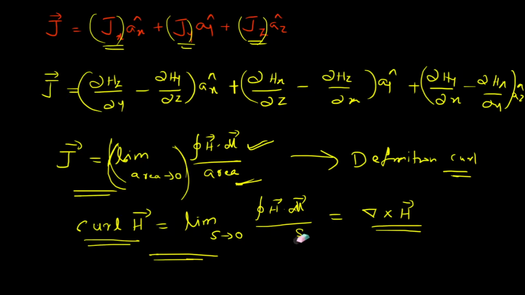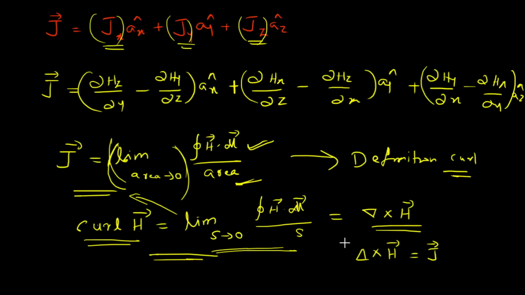So closed line integral of h dot dl by s. I just represented delta to indicate a vanishingly small area, but if it is confusing, I can take it as delta s. Now, what is this limit as delta s tends to 0? It is J. So I can also write curl of h equal to j.